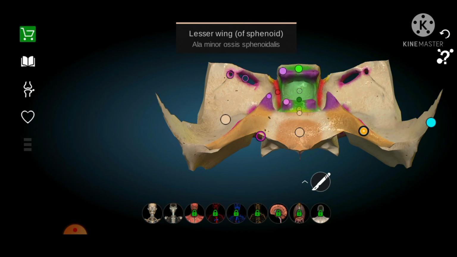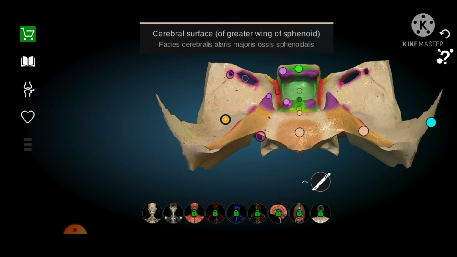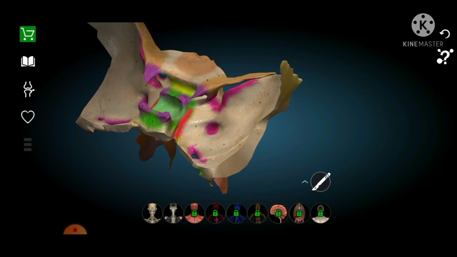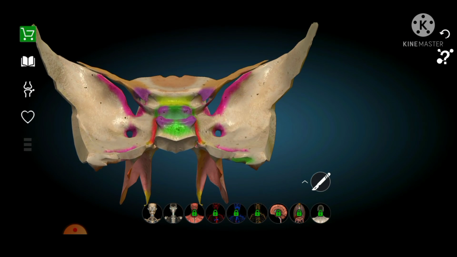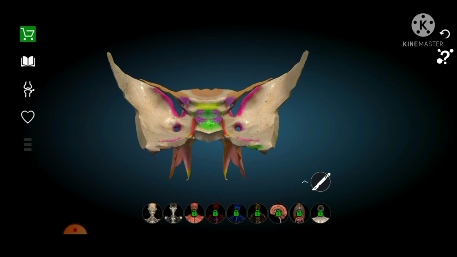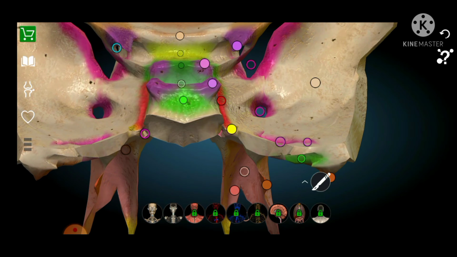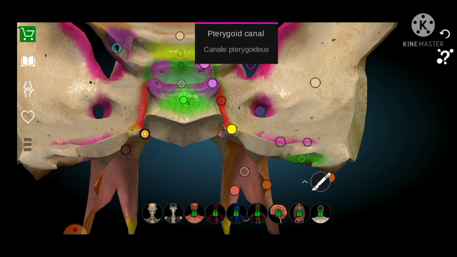This is the lesser wing of sphenoid. This is the cerebral surface of greater wing of sphenoid. Sella turcica. This is the pterygoid canal.